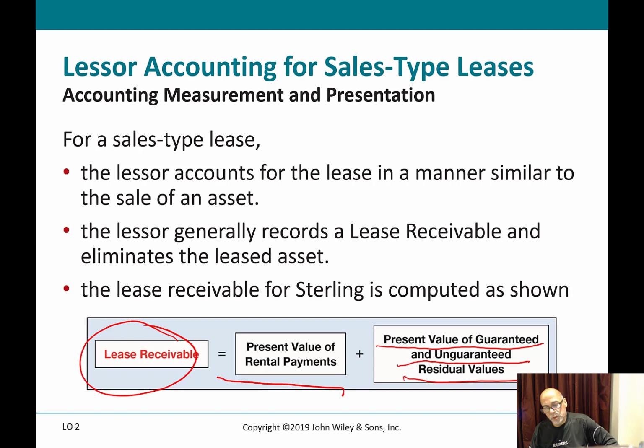So they probably should have put or there. But basically what we're saying with these residual values is, look, if the residual value is guaranteed, then you're going to get some cash back at the end because they've guaranteed that they're going to pay you that at the end. If it is unguaranteed, then what they're basically saying is you're going to get the equipment back.